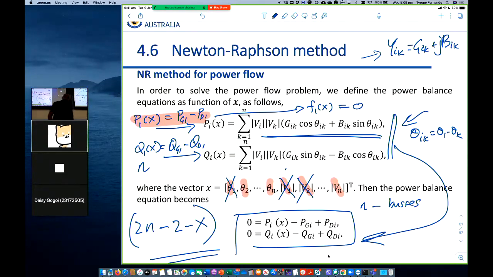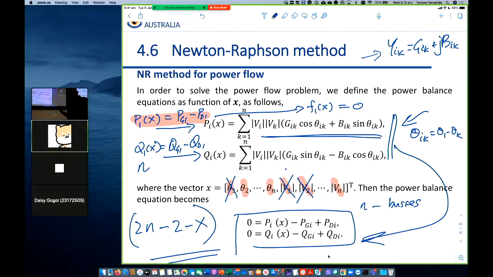Okay? So what do we have? What is P_i? It's a power injection into bus i. Power injection into bus i is whatever a generator will inject minus whatever a load will take out. So you have P_Gi and P_Di. P_Gi is whatever a generator will inject.